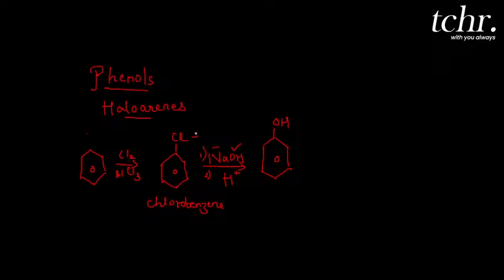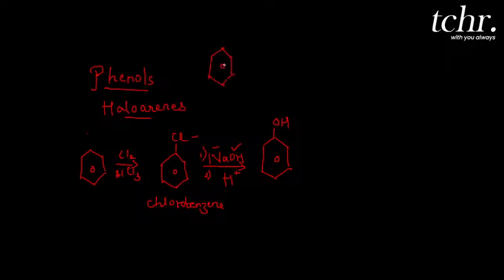But no, this is a wrong assumption. Na and Cl will not go out as NaCl. Why? You have studied in the haloalkanes and haloarenes chapter that nucleophilic substitution in an aromatic compound is difficult, correct? So the direct substitution is not possible. So how does this take place? Then an intermediate will be formed, that is sodium phenoxide.